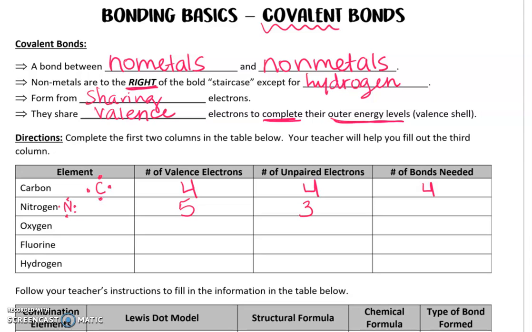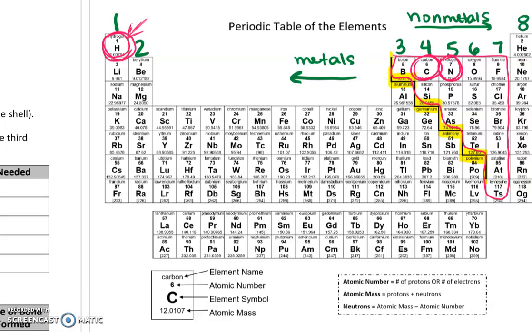So those unpaired electrons are these right here. These that are by themselves, don't have a little buddy next to them. So it has 3 unpaired electrons, which means that it can only make up to 3 bonds in order to complete its valence shell. And now we're going to go on to oxygen.